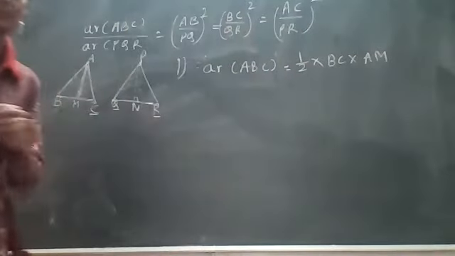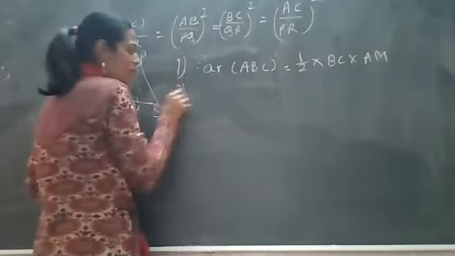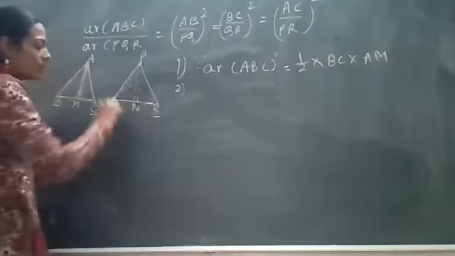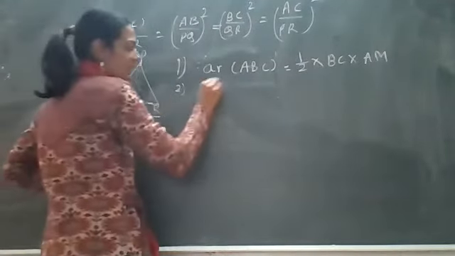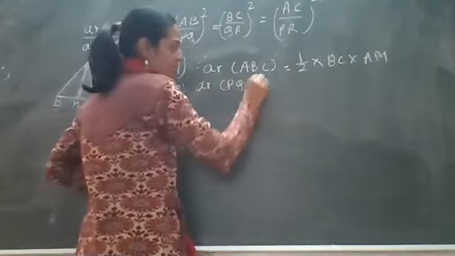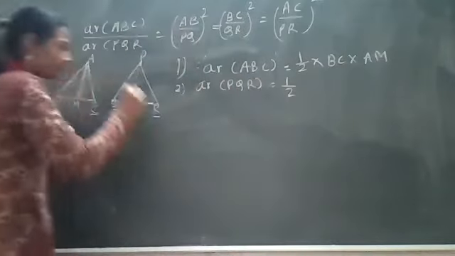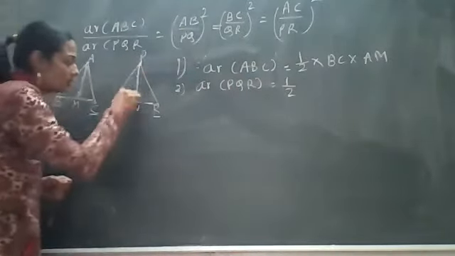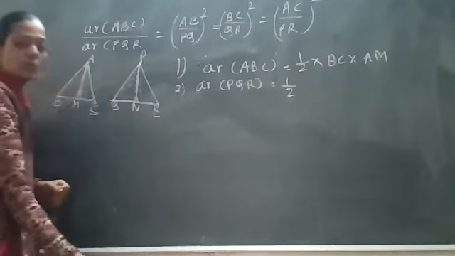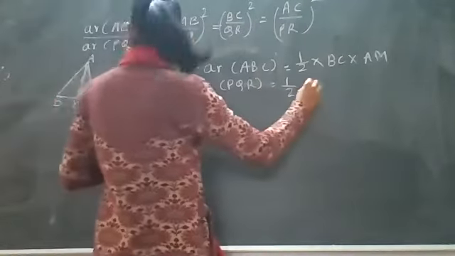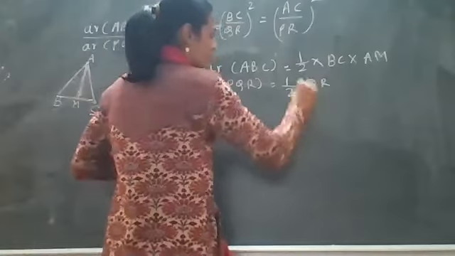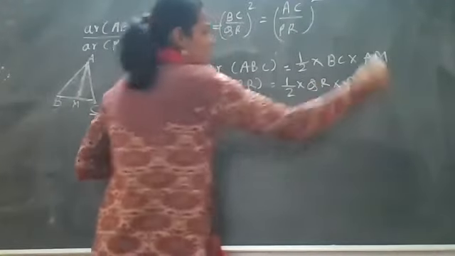Understood this one? Similarly, in the second step, we take the area of PQR. So area of PQR is equal to 1/2, altitude will be PN and base will be QR, so 1/2 into QR into PN.